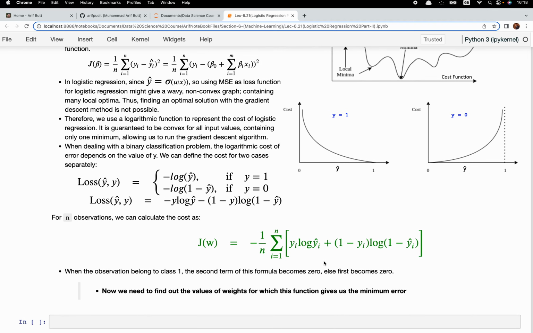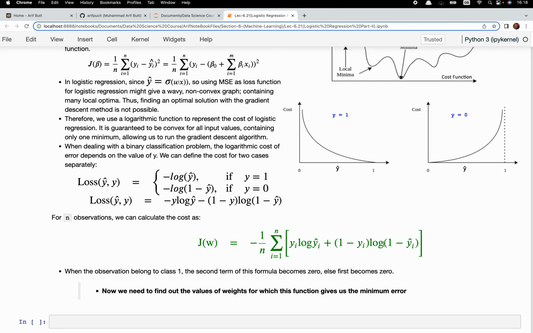Well, my dear students, remember, instead of calculating the logarithm of corrected probabilities, we are taking log of y hat, which is the probability of belonging to class 1, the first term, and log of 1 minus y hat, which is the probability of belonging to class 0.